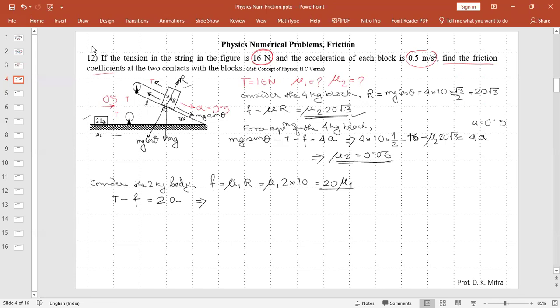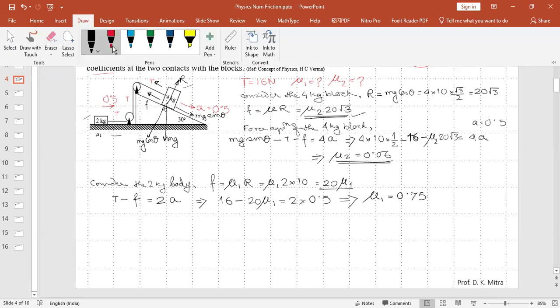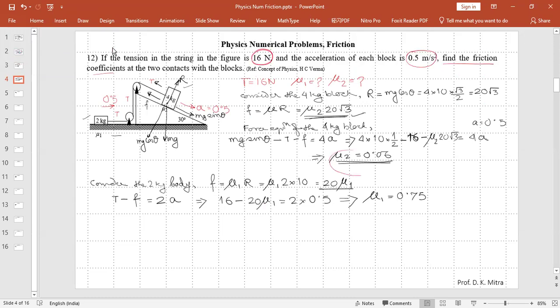So tension is 16 Newton minus 20 mu1 is equal to 2 into 0.5, and mu1 is 0.75.